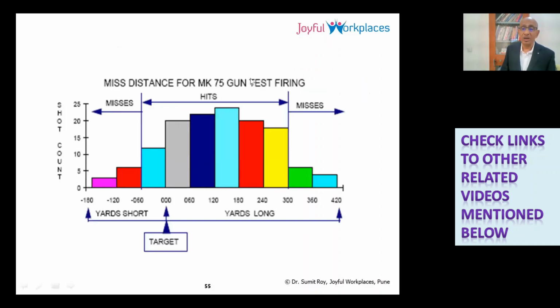So this is another data set that you are able to see. Our target was here, and the variation is on the right side. So this is a data set which is saying that we are quite far from the target, and our misses are on the right side on this side, and our misses on the left side are on this.